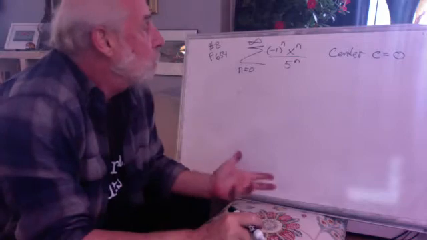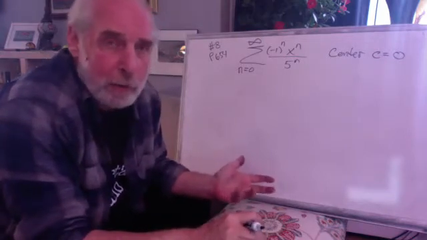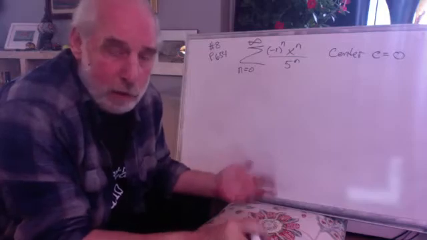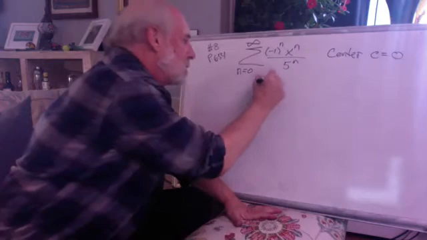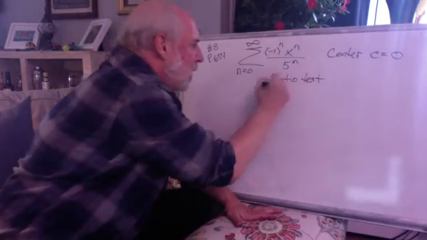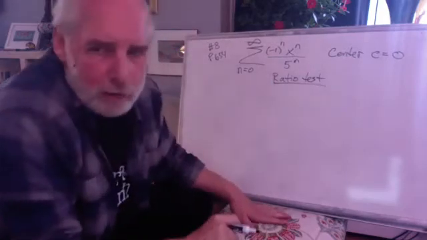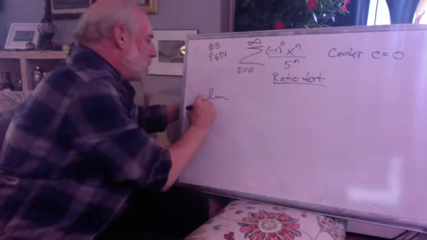Okay, so we can choose values of x that make this converge. So we go right to the ratio test. Every time we do a power series, we go right to the ratio test. So we get the limit as n goes to infinity.